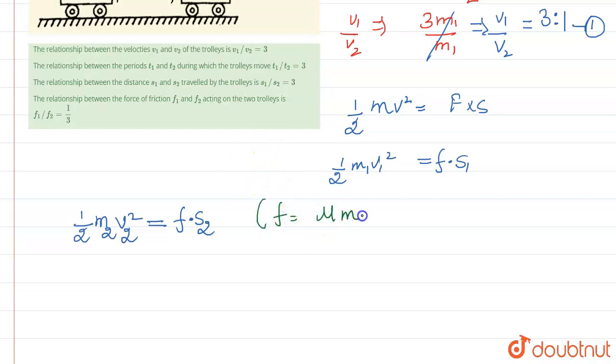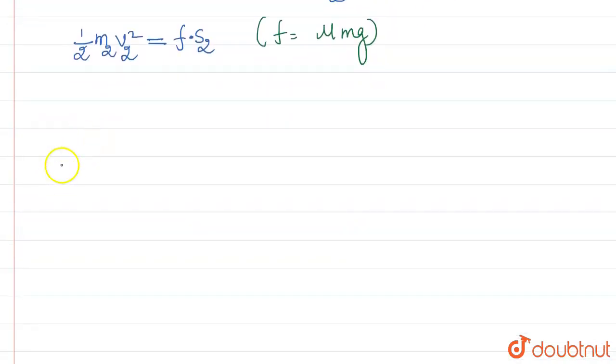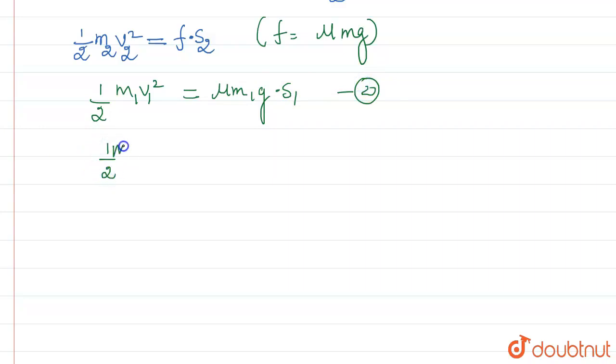Using this concept, the first equation is half m1 v1 square equals mu m1 g multiplied by s1, that is equation number 2. The third equation, similarly, is half m2 v2 square equals mu m2 g multiplied by s2. That will be our equation number 3.